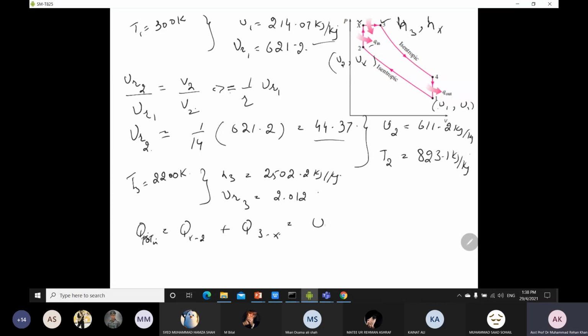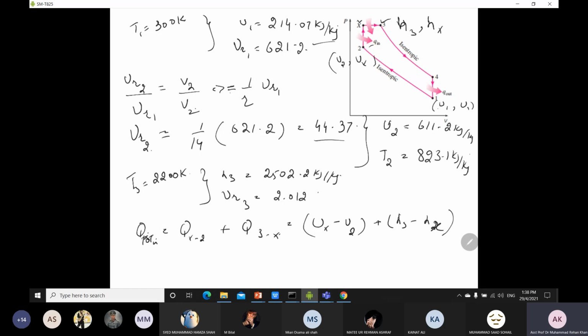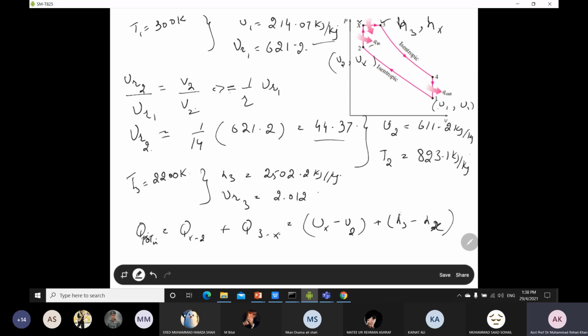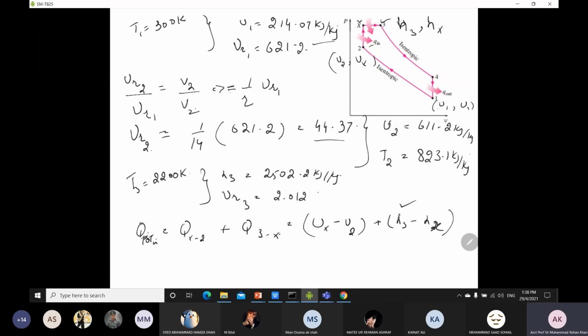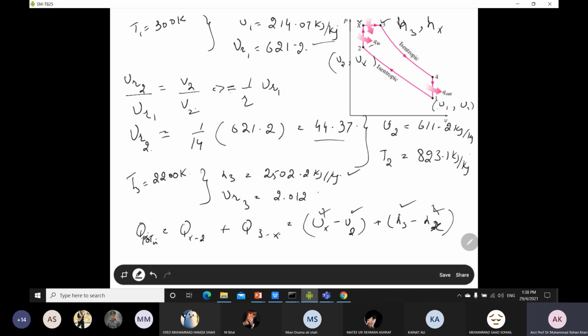And from this you can say ux minus u2 plus h3 minus h2, h3 minus hx, sorry. In this relation, the h3 value we have just found, the u2 value is known to us, but the ux and hx values are not known to us right now. So we have to find these values. How to find them?